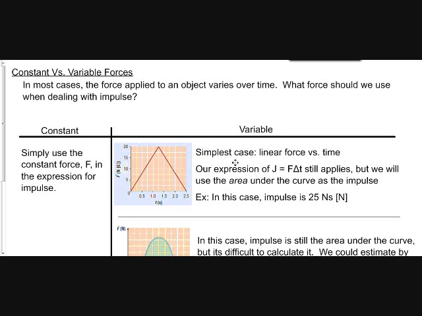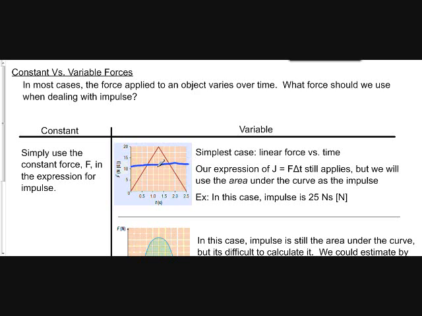So the simplest case is if it's a linear force versus time. That means it changes this way, or just this way, but it's not a curve, it's a straight line. And our expression still holds, but the neat thing here is this expression for impulse, F delta t, that I showed you before is just a special case of, let me draw it here with blue on this graph, this sort of idea.